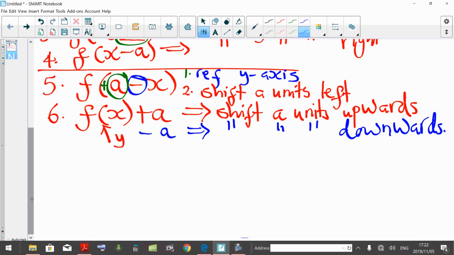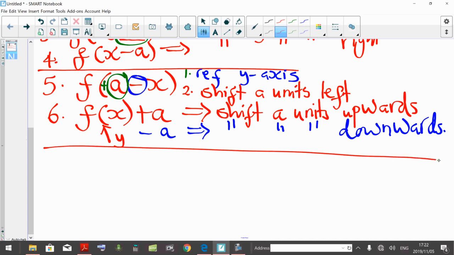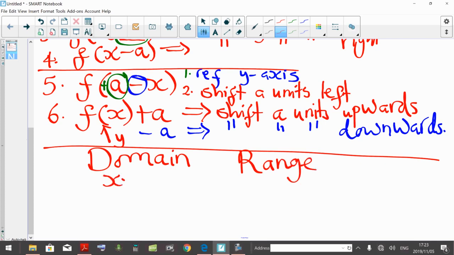Now, having said this, one other aspect which I would like us to talk about is domain and range. Now remember, domain refers to x values. And then range is y values.